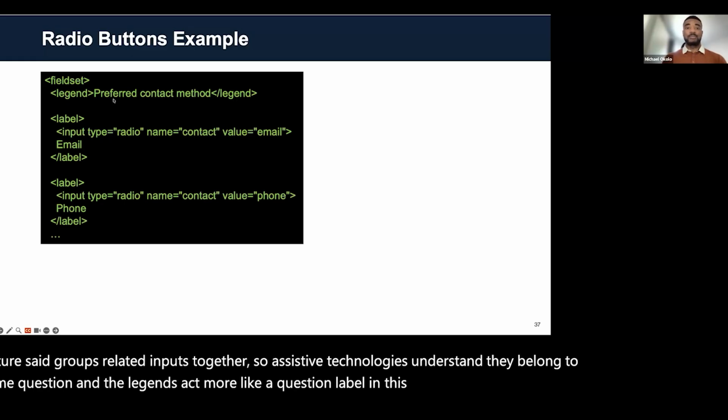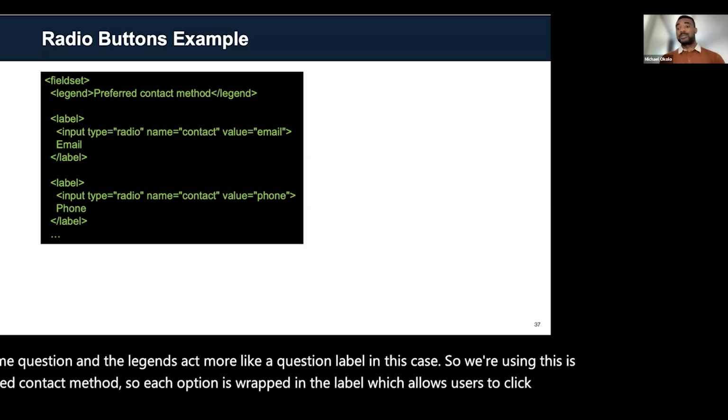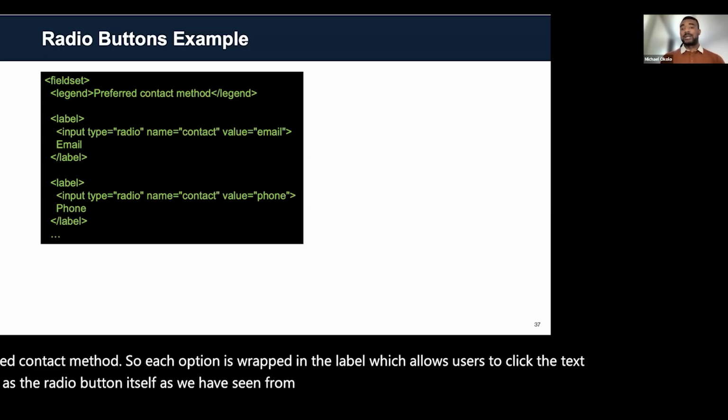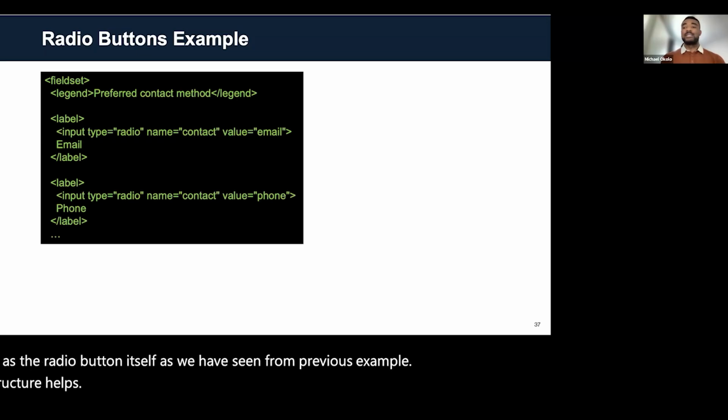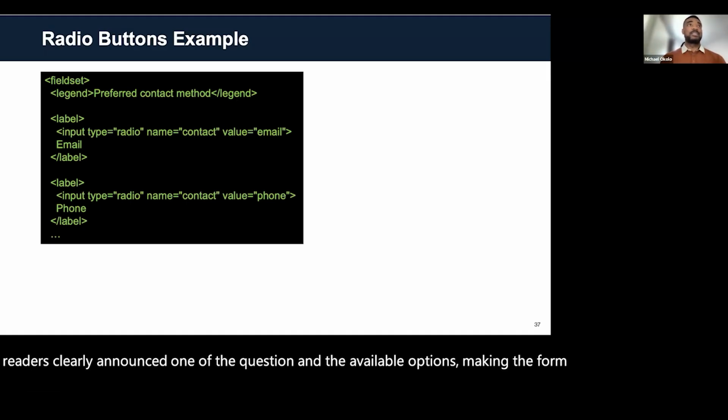So here we're using, this is preferred contact method. Each option is wrapped in a label, which allows users to click the text as well as the radio button itself, as we've seen from the previous example. This structure helps screen readers clearly announce the question and the available options, making the form easier to understand and navigate.